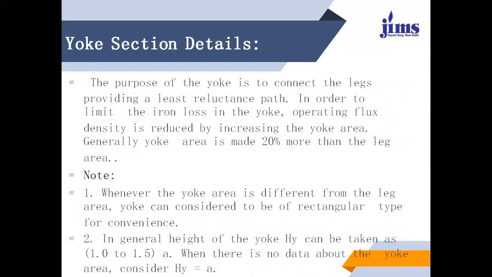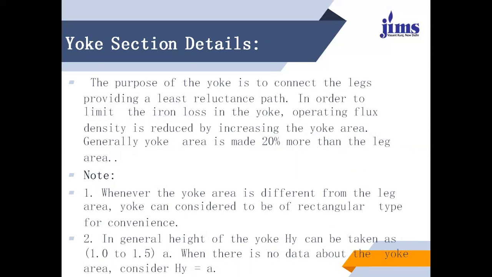Next will be the yoke section details. The purpose of the yoke is to connect the legs, providing a low reluctance path. In order to limit the iron loss in the yoke, the operating flux density is reduced by increasing the yoke area. Generally, the yoke area is made 20% more than the leg area.